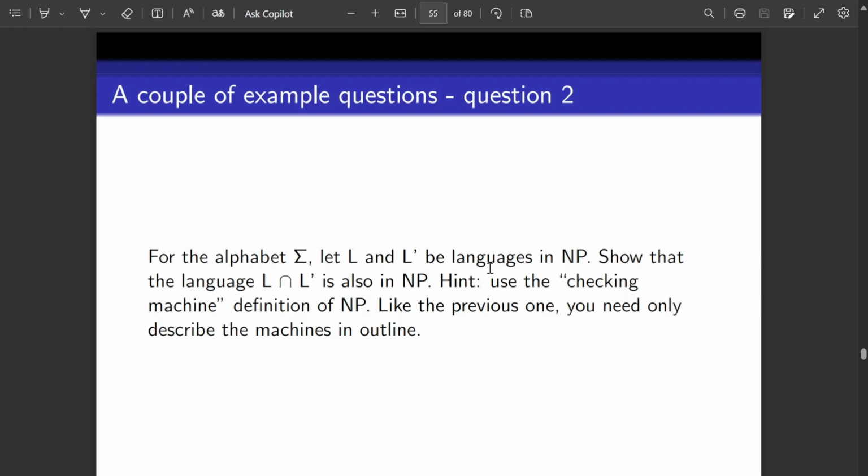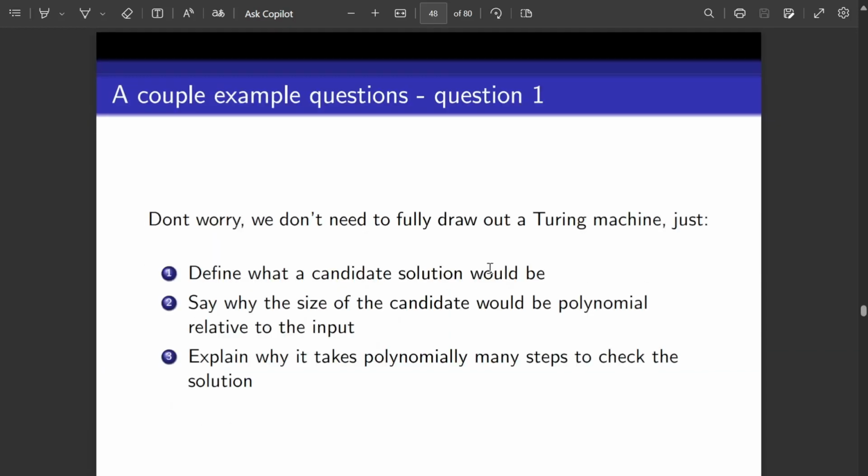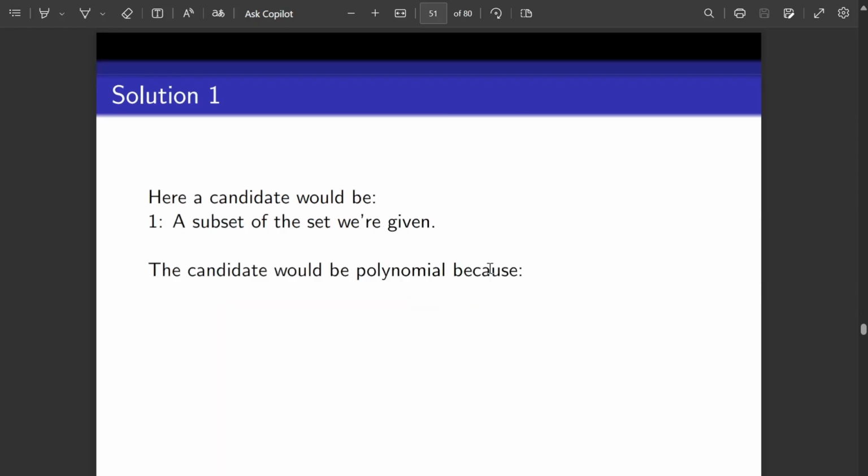So you want to use the checking definition of NP for this one. And like the previous one, you only need to describe the machine in outline with these three things: define what a candidate solution would be, say why the size of the candidate would be polynomial relative to the input, and then explain why it takes polynomially many steps to check the solution.